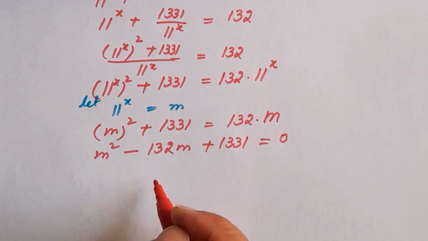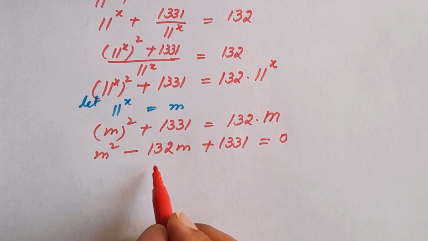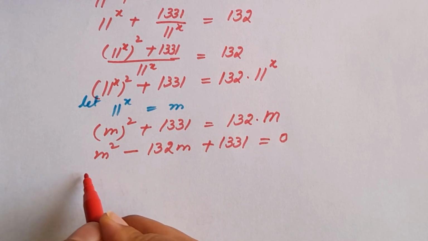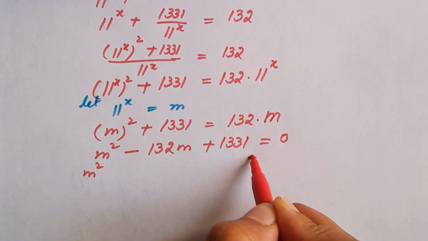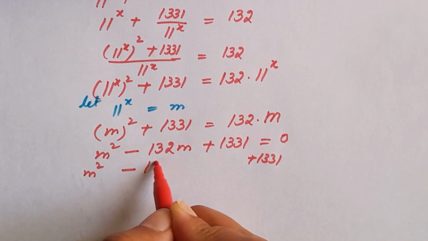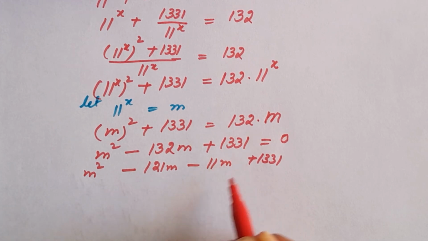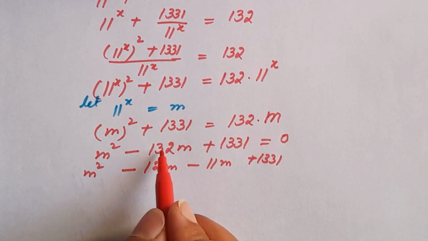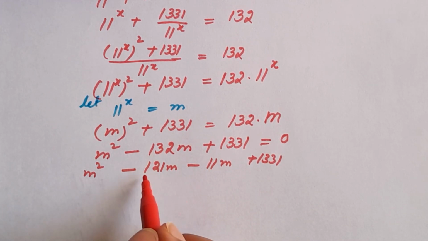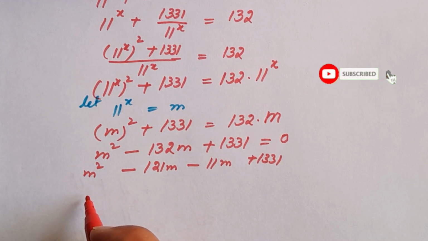Now this becomes a quadratic equation and we are going to factorize it. We are going to find the factors of 1331 that add to minus 132. So that will be minus 121m minus 11m. After addition we will get minus 132 and after multiplication we will get 1331.